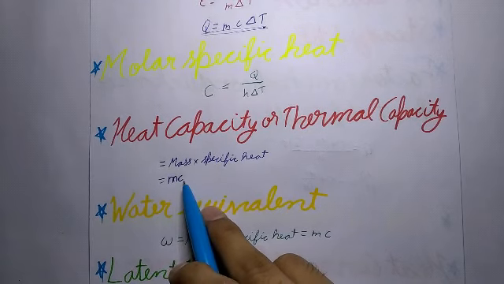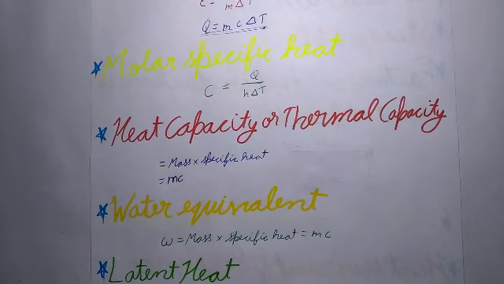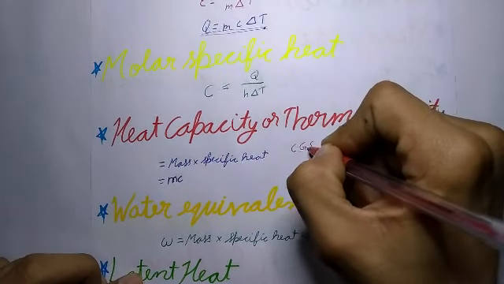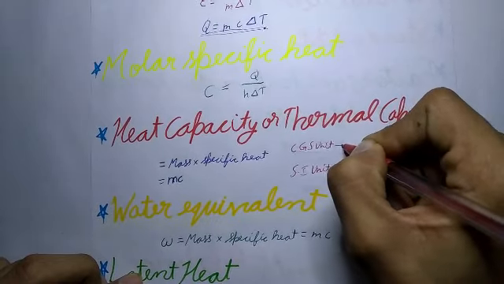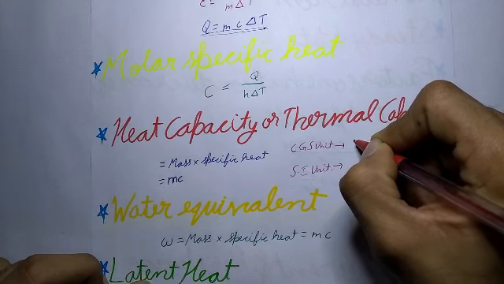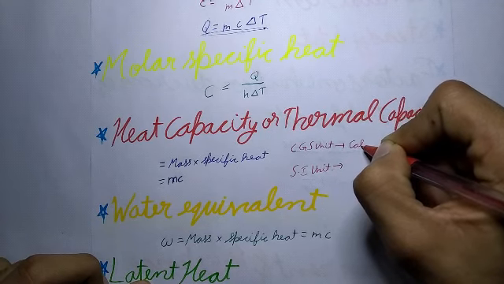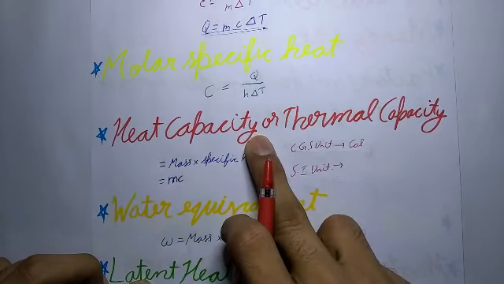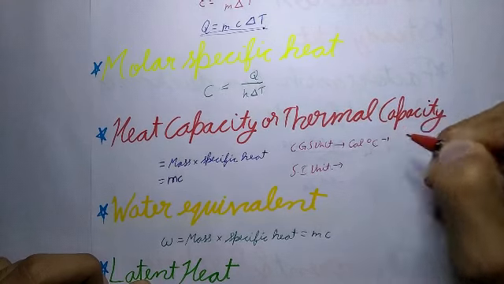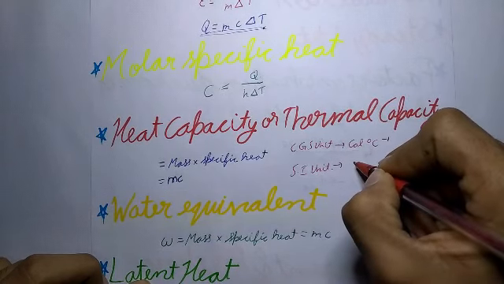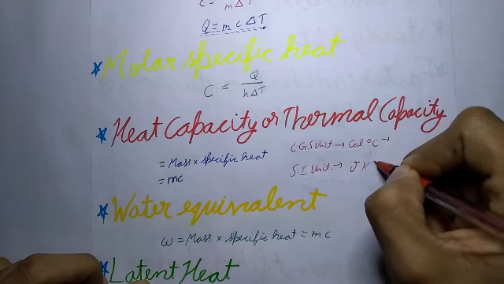The CGS unit of heat capacity is calorie per Celsius inverse, and the SI unit is joule per Kelvin inverse.